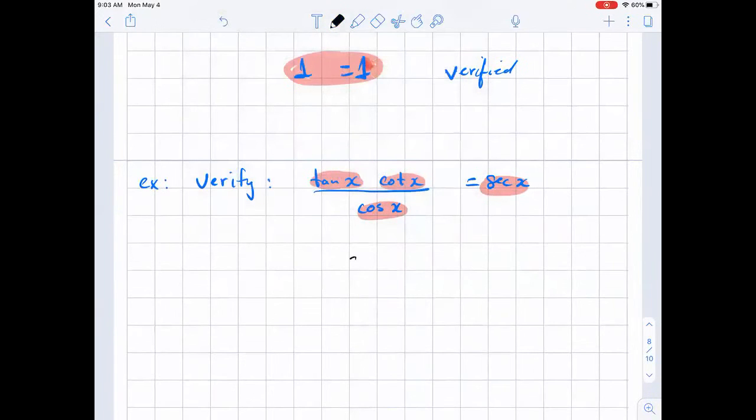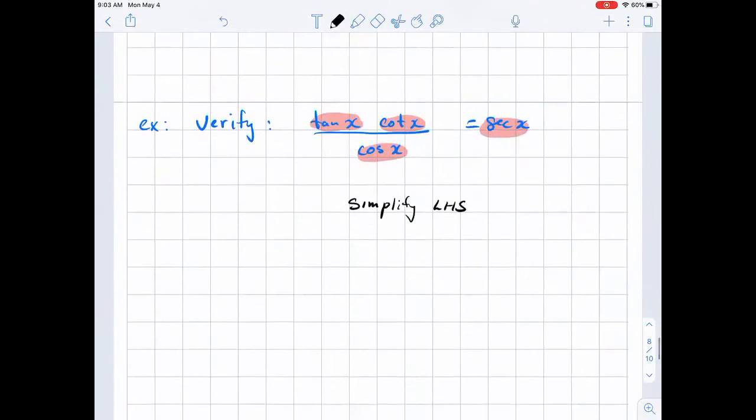So what we should do is try to simplify the left-hand side. Well, we know we can rewrite cotangent, or all you have to do is rewrite tangent. If we just rewrite tangent, tangent is the same as 1 over cotangent, isn't it? Cotangent of x times cotangent of x, all of this divided by cosine x.